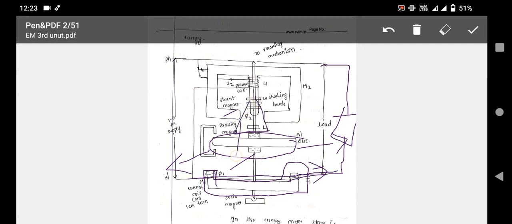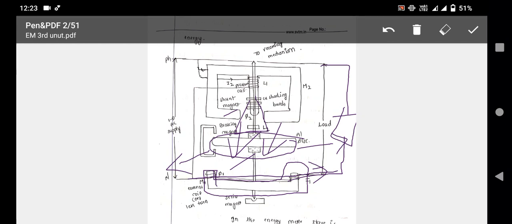The interaction of two fluxes on the aluminum disc rotates the disc due to motoring action. Motoring, how the motor rotates? Whenever a current carrying conductor is placed in a magnetic field, it experiences a mechanical force.